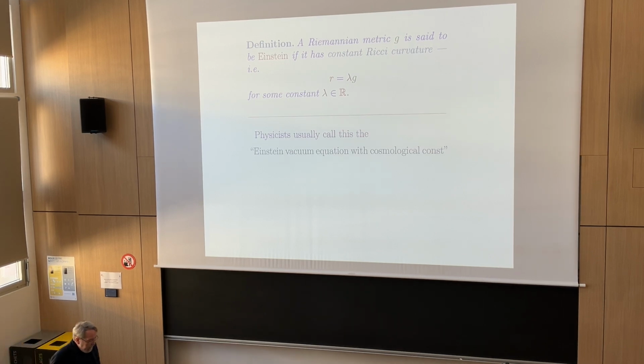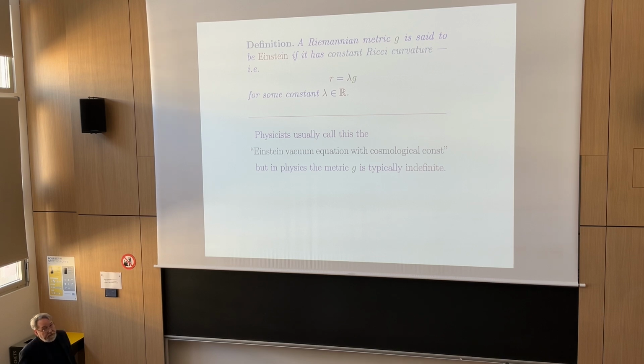Now, Einstein, well, he was a physicist. This is some kind of terminology that has something to do with physics. Physicists don't usually call solutions of this equation Einstein manifolds. What they would say is that this equation is the Einstein vacuum equation with cosmological constant, where lambda is the cosmological constant.